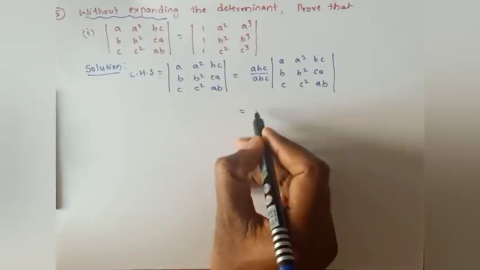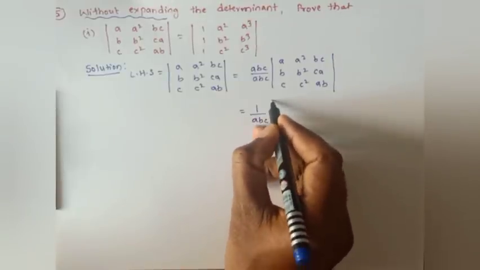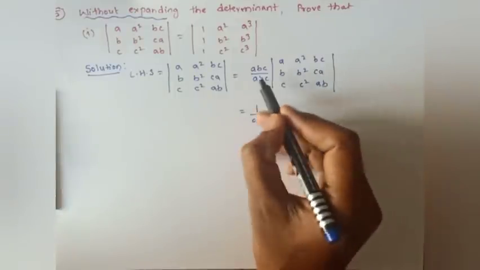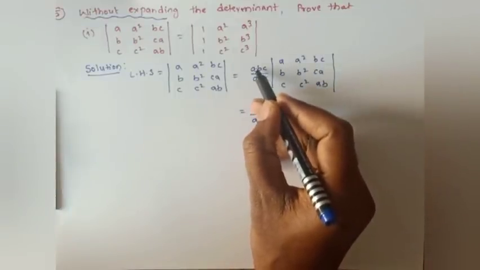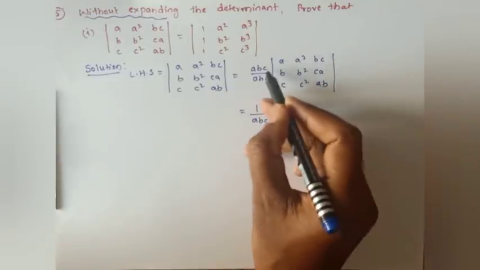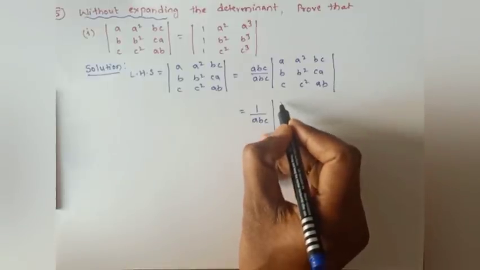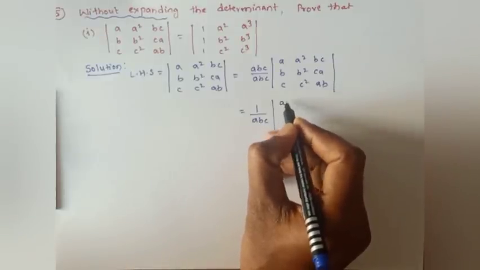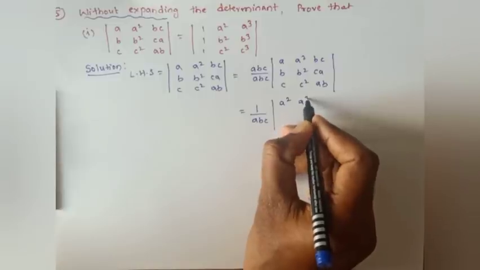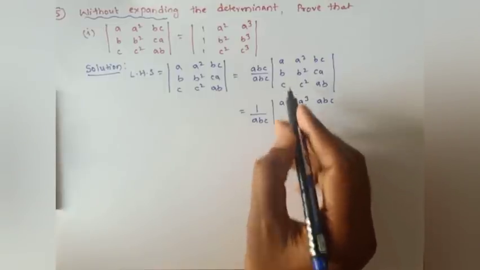Now this is 1 by a into b into c times the determinant. Here I'm multiplying a to the first row, b to the second row, c to the third row. So the first row becomes a square, a cube, and abc.